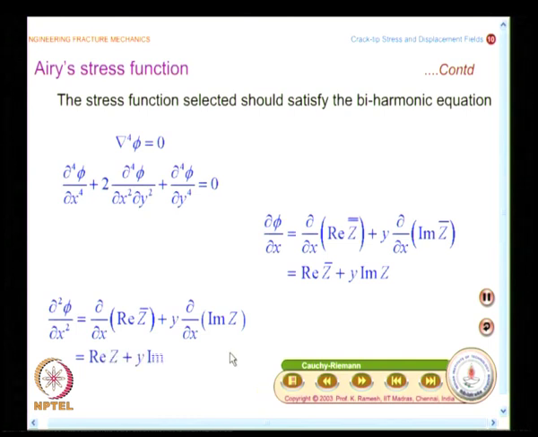This is nothing but real part of z plus y imaginary part of z prime. So, there is no difficulty in arriving at this, and we would proceed further. We will have to get dou cube phi by dou x cube. So, I will have to differentiate this, and that is what I am going to do.